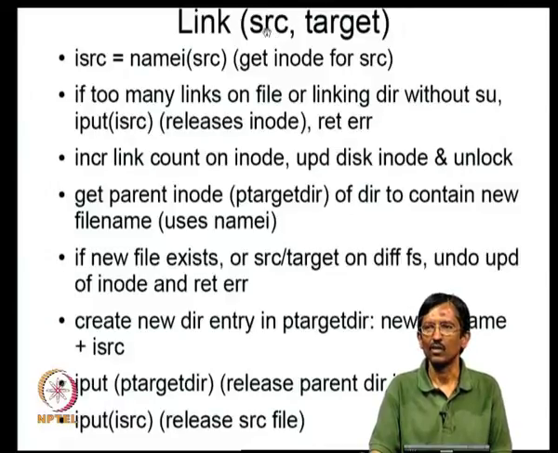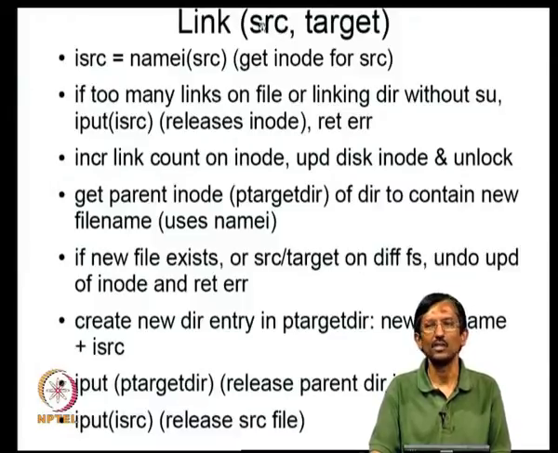This is the source inode, and this can be the target file name or target directory. If it is a target directory, then you want to create the same name as the source file name and has the same inode as the source one.